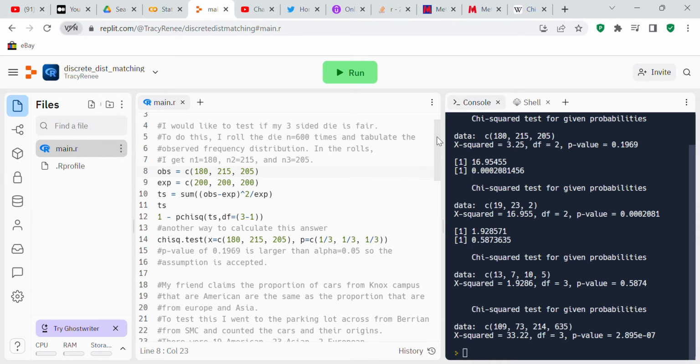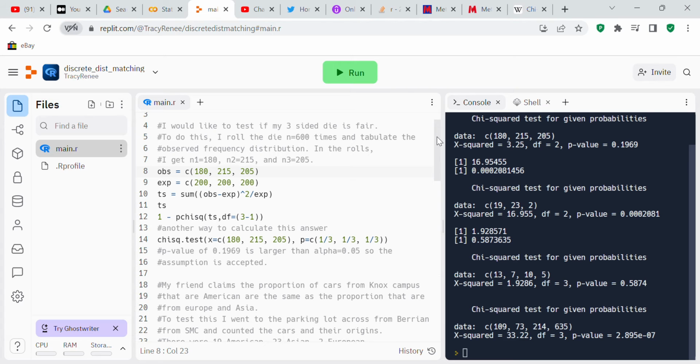The first question is: I would like to test if my three-sided die is fair. To do this, I roll the die n equals 600 times and tabulate the observed frequency distribution. In the rolls, I get n1 equals 180, n2 equals 215, and n3 equals 205.